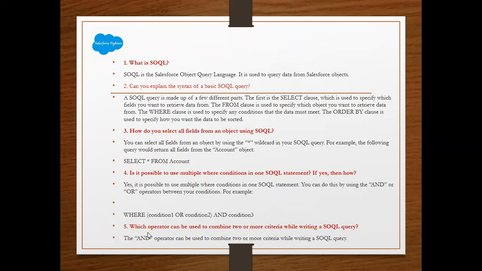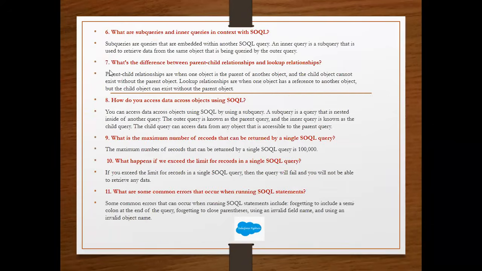Next question: which operator can be used to combine more criteria when writing a SOQL query? The AND operator can be used to combine more criteria when writing a SOQL query. Next question: what are subqueries and inner queries in the context of SOQL?